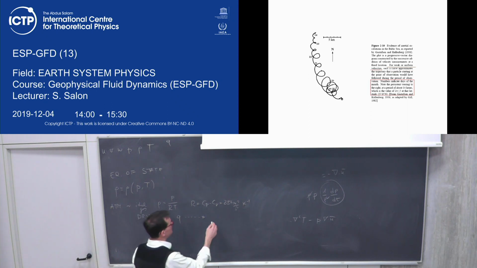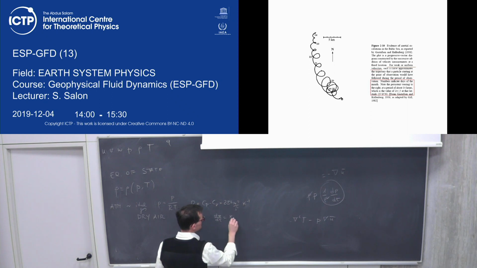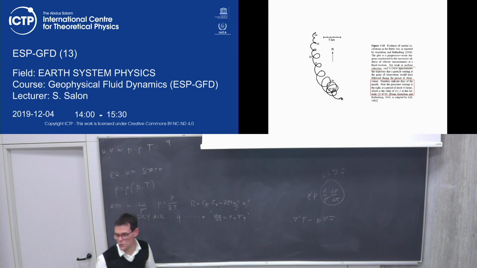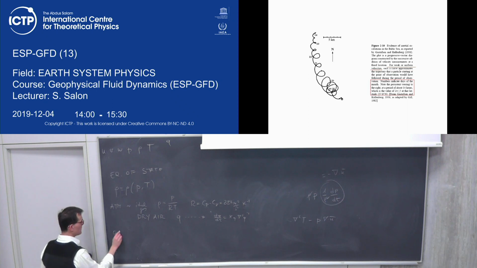So in the first approximation, we can use a sort of diffusion of humidity, okay? Of course, this is not enough, but we can use it for now. So what happens in the ocean?